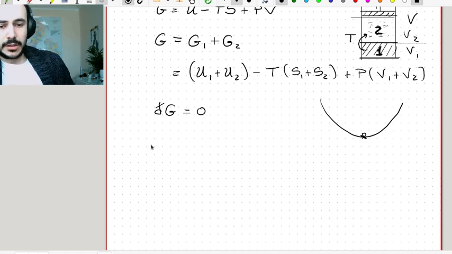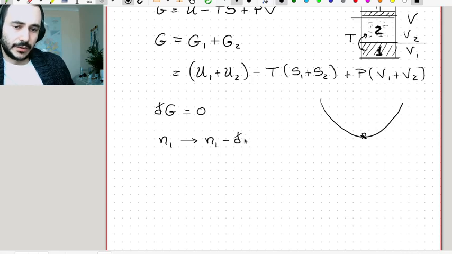So let's say, for instance, that the number of moles of liquid is going to change and be reduced by an amount differential of n, or virtual change in n, and therefore the number of moles of vapor is going to grow in the same amount.